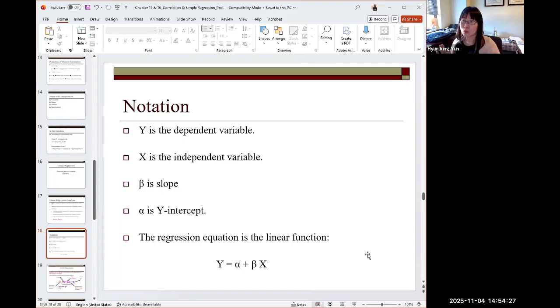But just for this week, let's stick with correlations and the additional information we can get from the simple regression model. When I say simple regression model, it is a regression model with one independent variable and one dependent variable, both interval. So the y variable in the regression equation is the dependent variable. The x variable indicates the independent variable. Beta is the notation for the population slope.